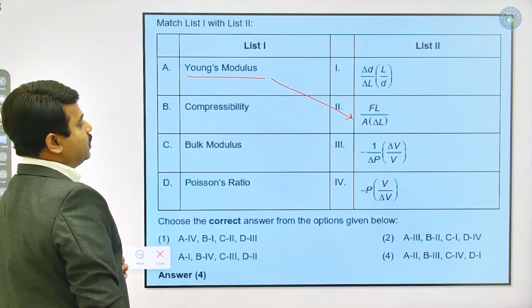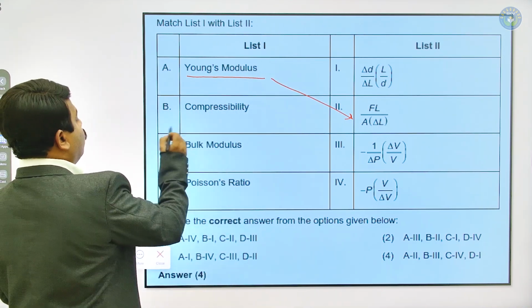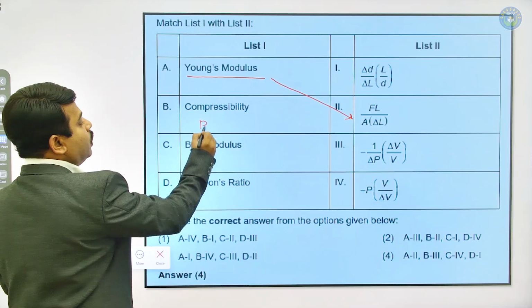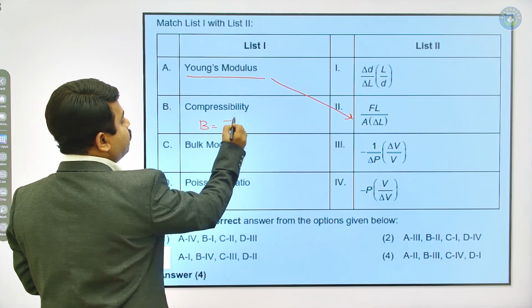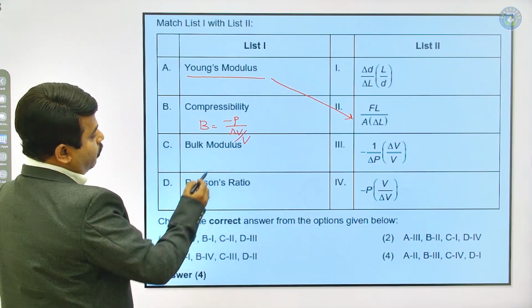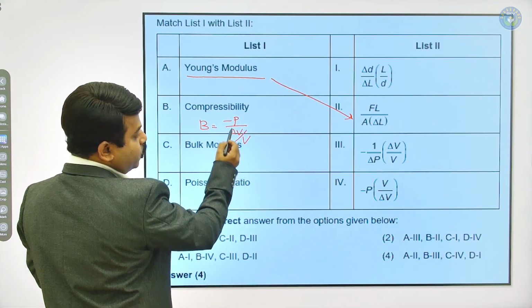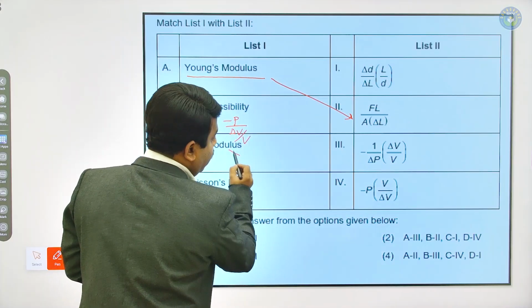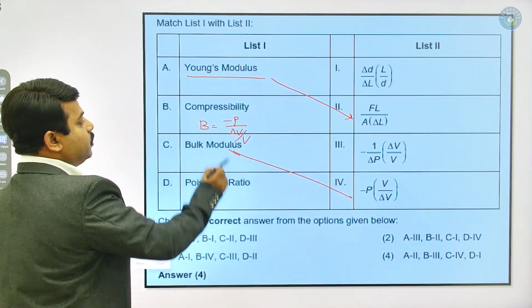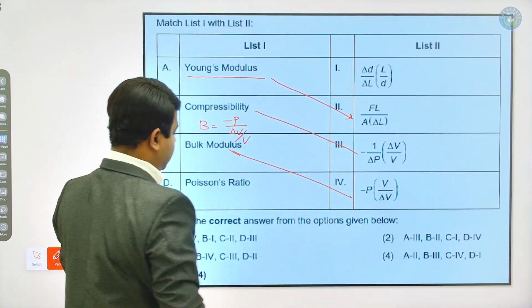Compressibility is the reciprocal of bulk modulus. What is bulk modulus? Bulk modulus is equal to minus P divided by delta V by V. Now compressibility is the reciprocal of this, the inverse of this.